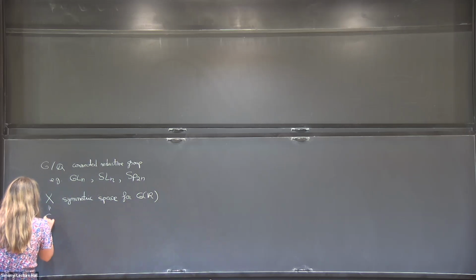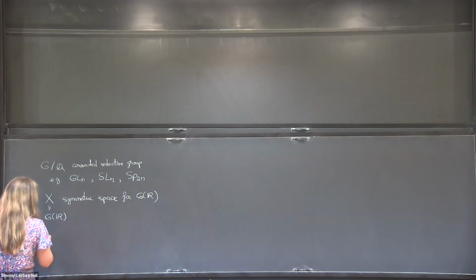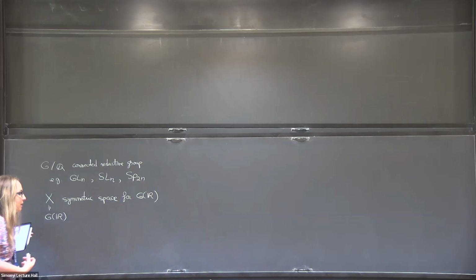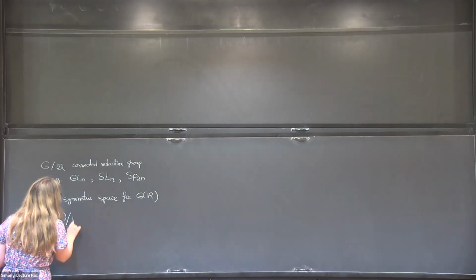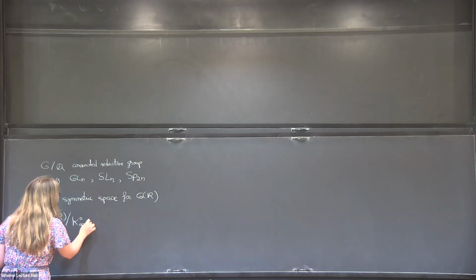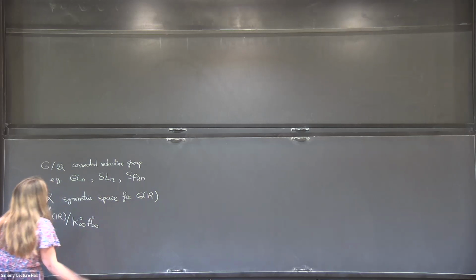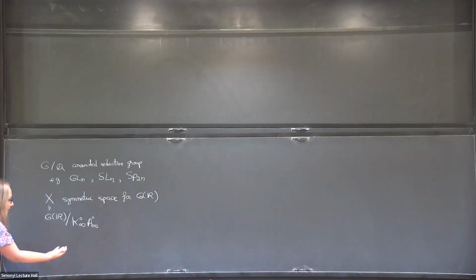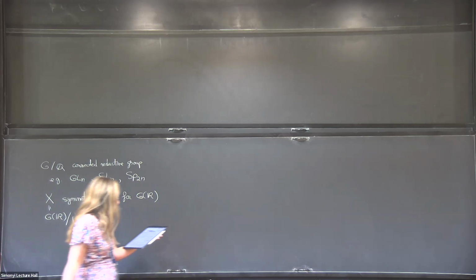Namely, my version of it is that you look at the R points of the group and you quotient out by a maximal compact subgroup, and you also quotient out by some torus part. But okay, this is a bunch of symbols, so you don't have to worry about it.